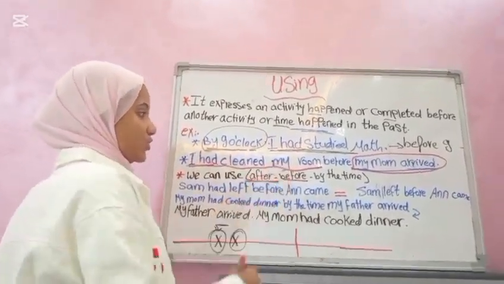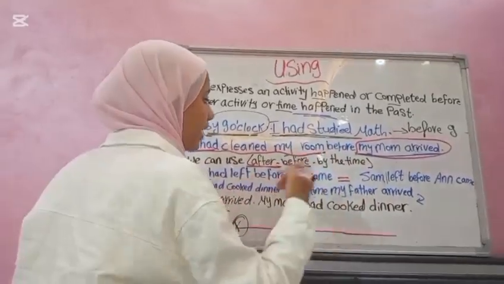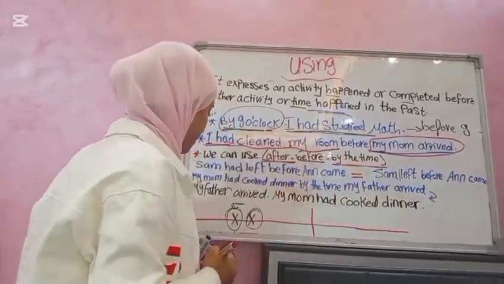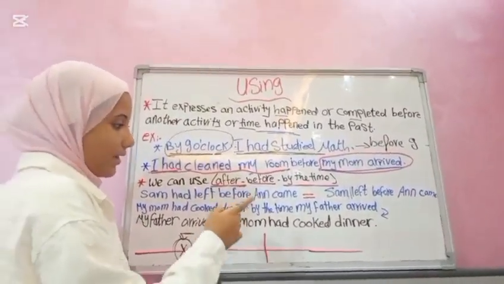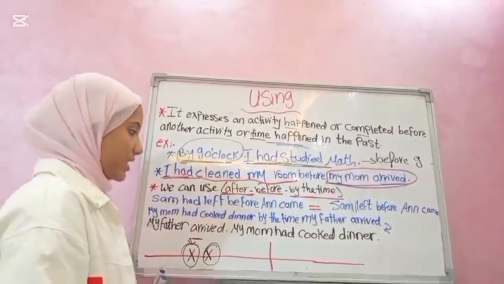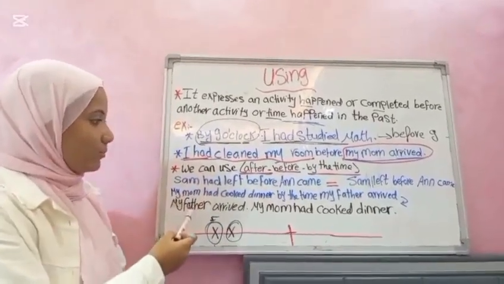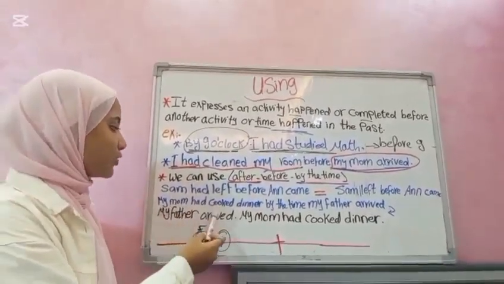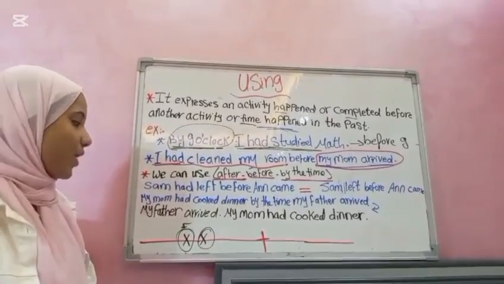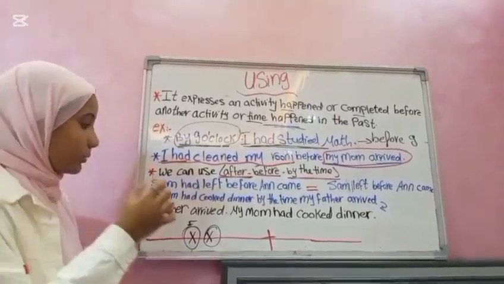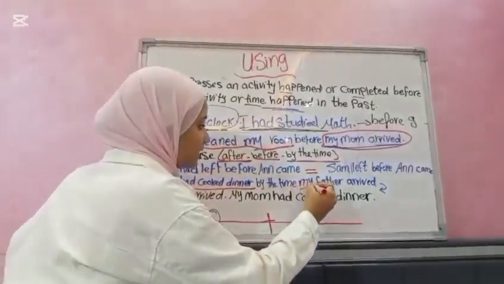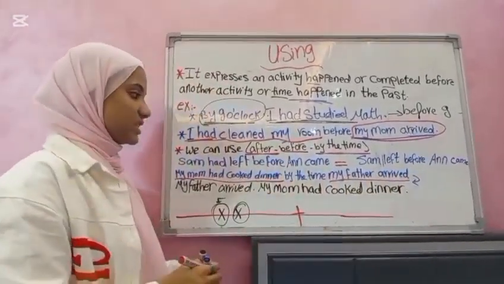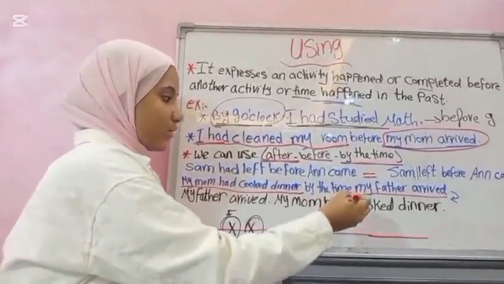The sentence with the words by the time: My mom had cooked dinner by the time my father arrived. We put the first sentence, my mom had cooked dinner, and the second sentence, my father arrived, in one sentence, and we connected them with the words by the time.